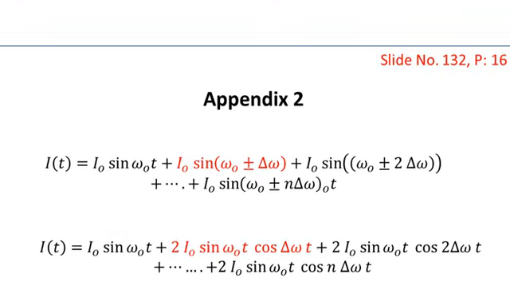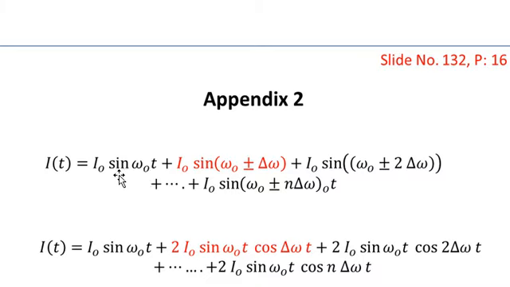For example, this is appendix number 2. You see that here we are adding different longitudinal modes on the basis of intensity, not on the basis of amplitudes, because in the case of an unlocked laser, the amplitude is random, and we have to add them in terms of intensity.